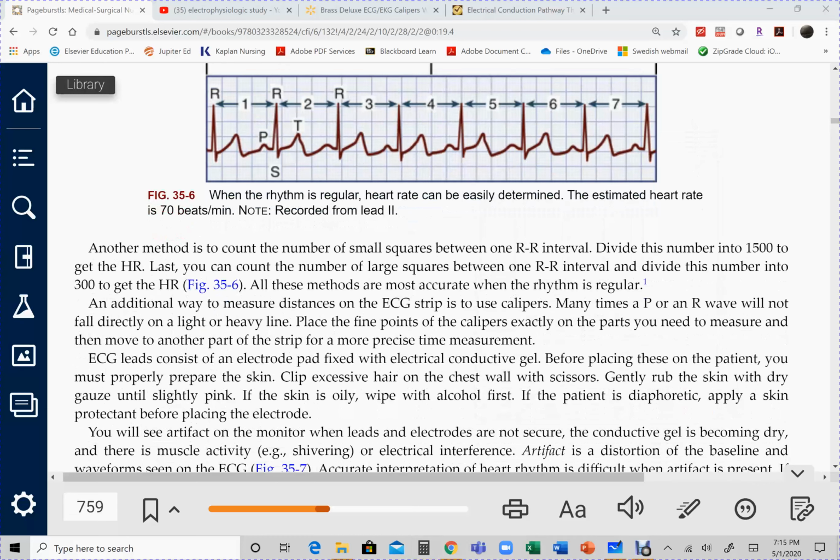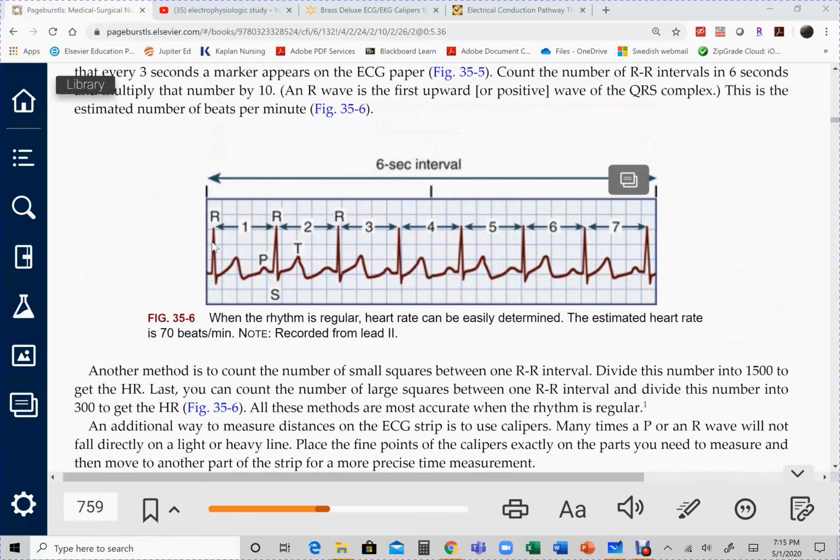Because I don't know what method you will be using when you take the test, the choices will be a range. Let's say I give you this strip, and then I ask you simply, what is the estimated heart rate for this rhythm for this patient?